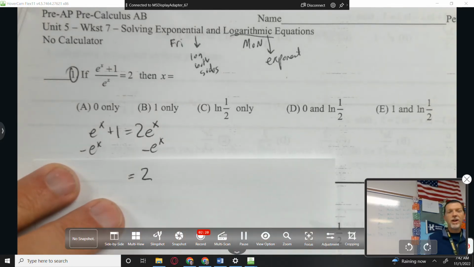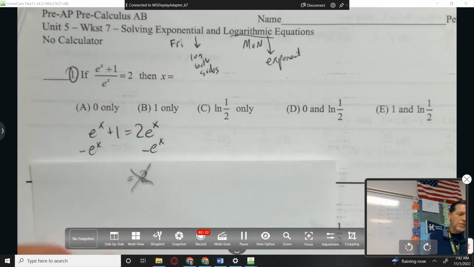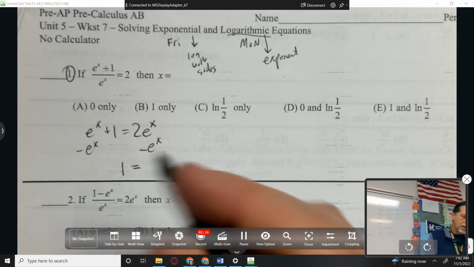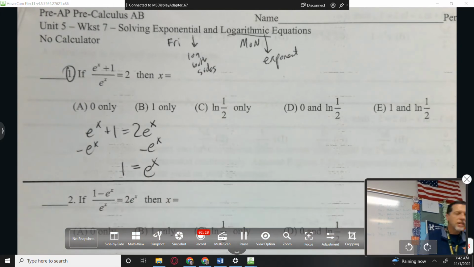No, that's not right, but if you're not paying attention, maybe. I have 2 of these things and I'm taking away one of them, so I have one of them left. So e to the x equals 1.